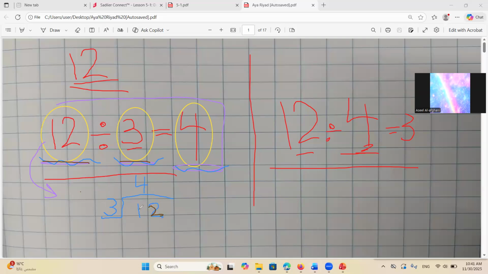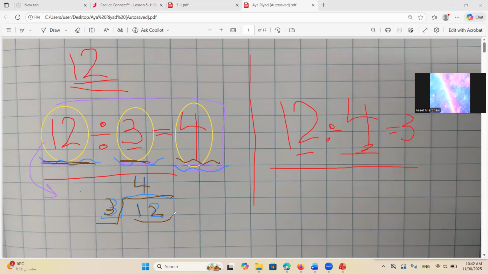And the 3, it's gonna be on the left side. Again, this dividend became on the right side, and this divisor became on the left side. And the quotient is gonna be always above both of them. So in this way, we have the division sentence in the long division form.